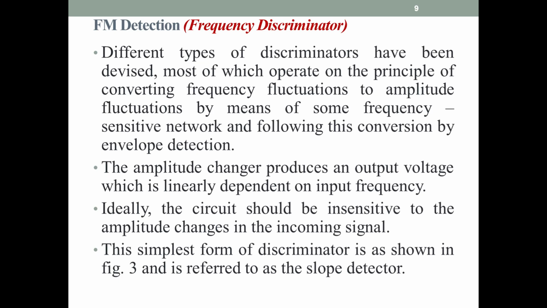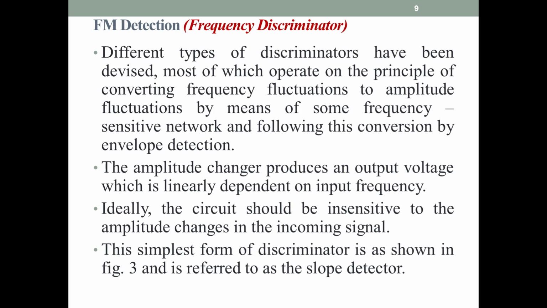FM detection, usually called FM discriminators. Different types of discriminators have been devised, most of which operate on the principle of converting frequency fluctuations to amplitude fluctuations by means of some frequency-sensitive network, and following this conversion by an envelope detection.